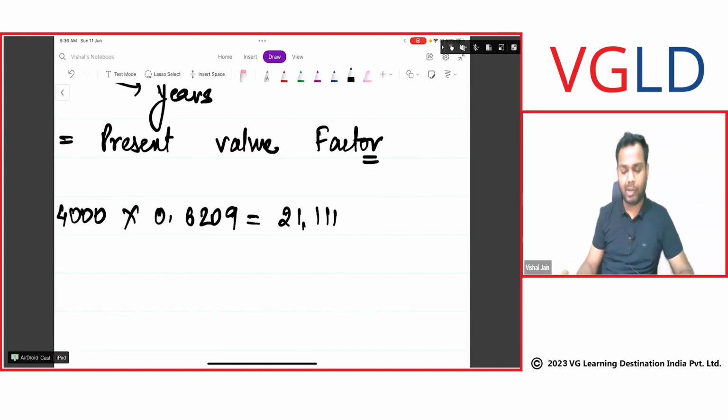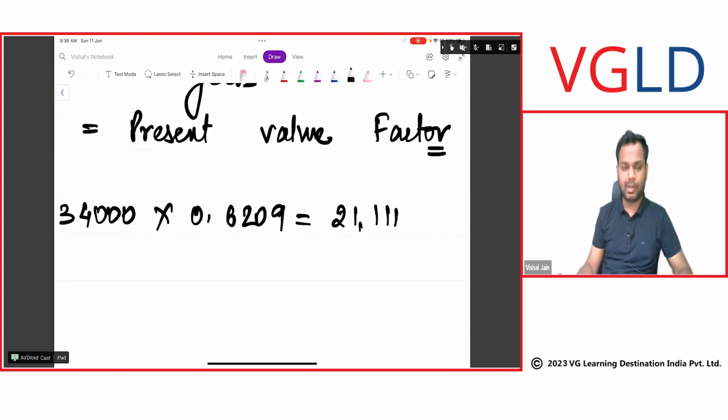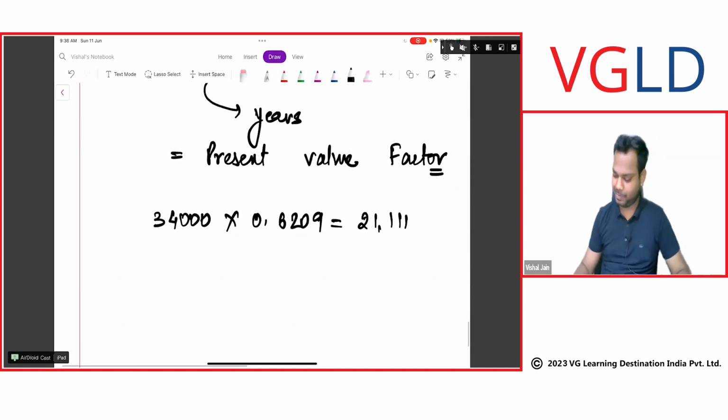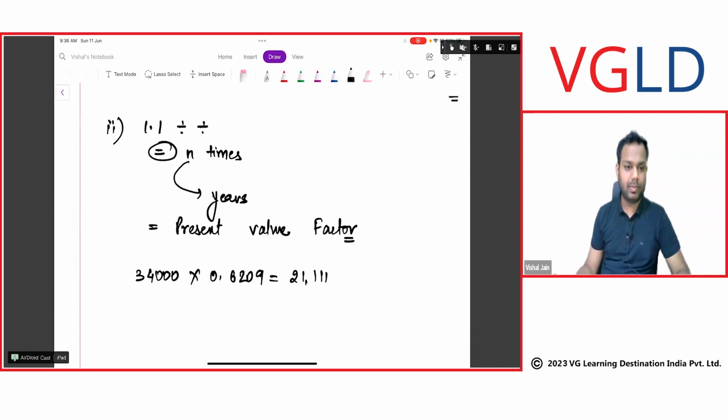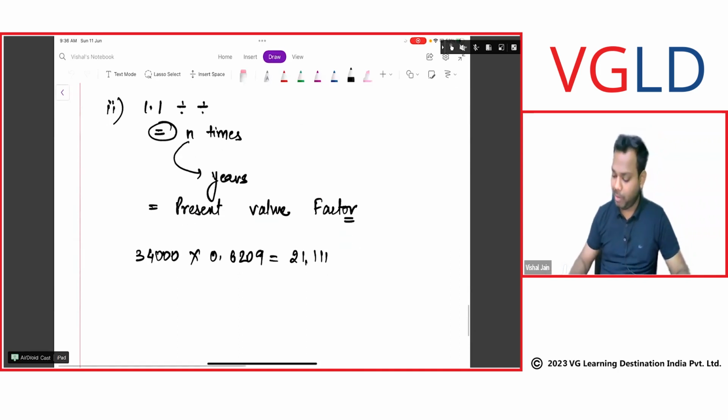Yes, it's fine, no change in value. That's totally fine. That's a calculator trick, okay? So this is the present value.